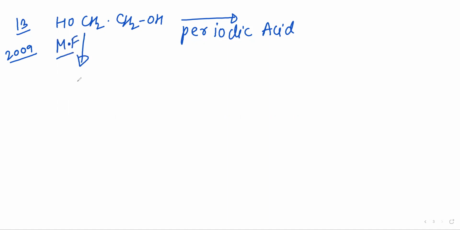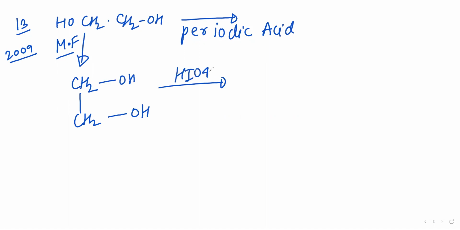I will write it as a structural form like CH2 with OH, and here one bond is there, again CH2 with OH. So it reacts with periodic acid, HIO4. What will happen?